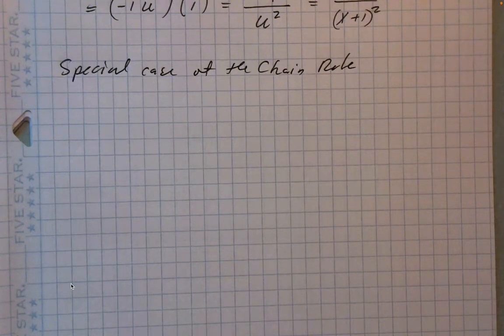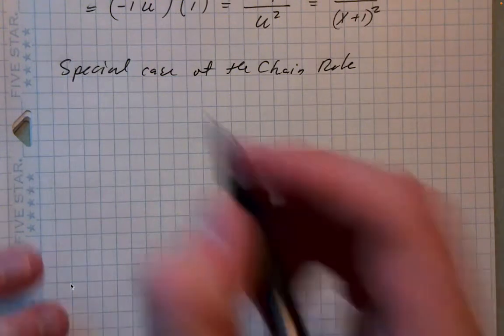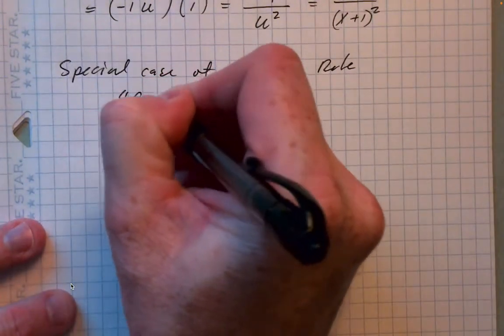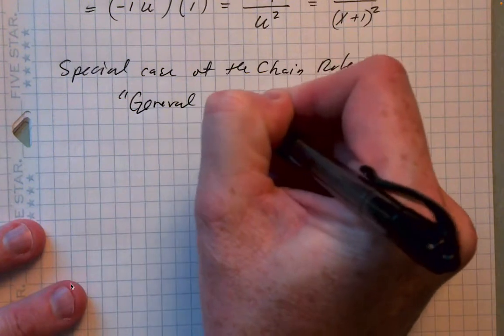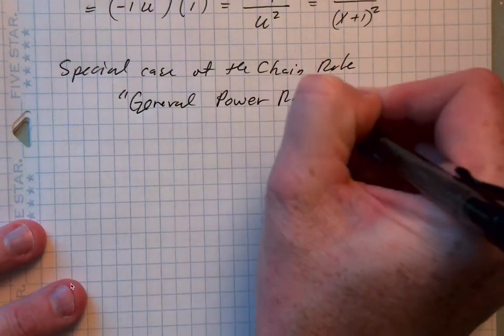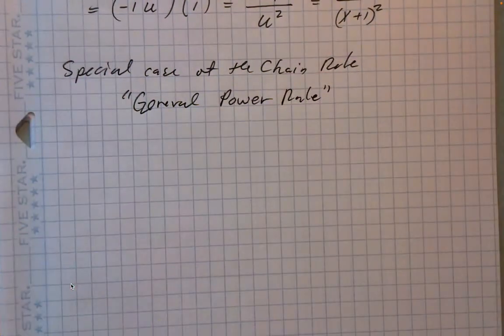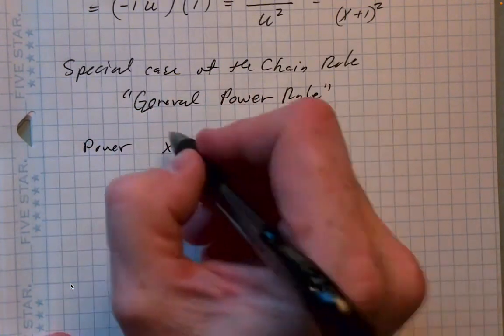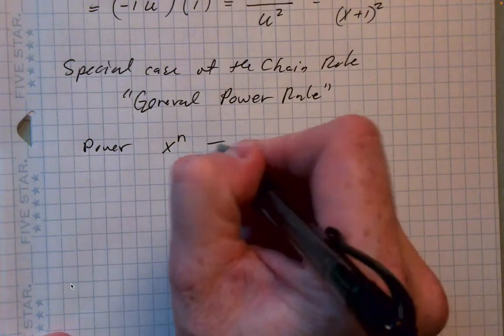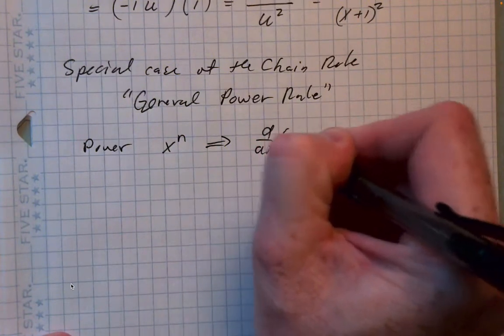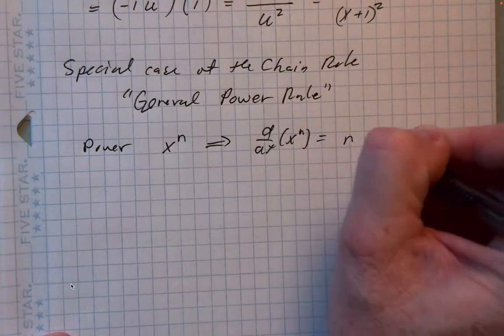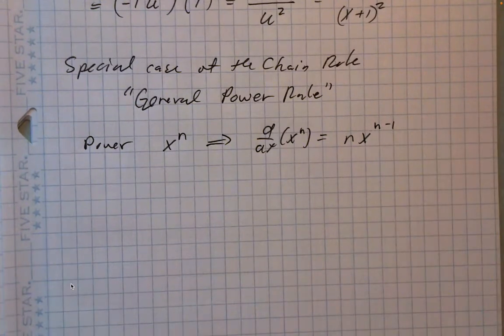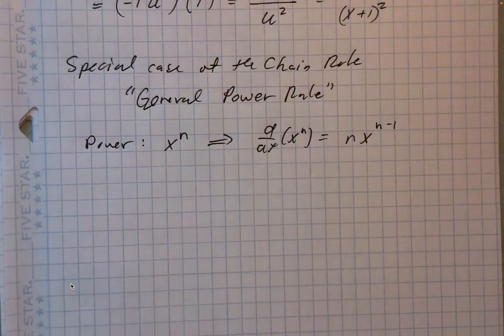A special case of the chain rule is called the general power rule. We already talked about the power rule, right? The power rule said, if I have x to the n, then d dx of x to the n is equal to nx to the n minus 1. Okay, so that's the power rule that we talked about already.